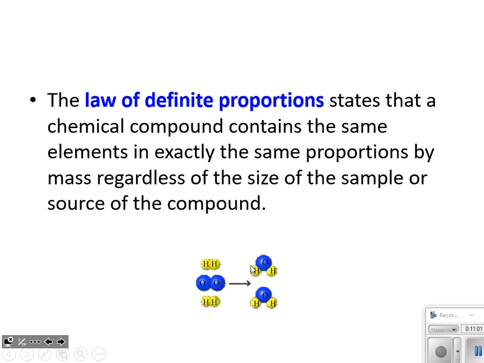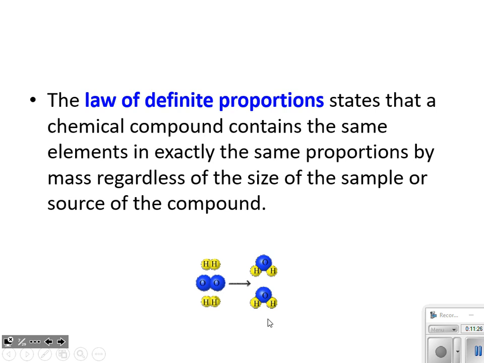So right here, we have two molecules of hydrogen reacting with a molecule of oxygen to give us two molecules of water. The law of definite proportions states that no matter how much water you have, you still have two hydrogens bonded to one oxygen.